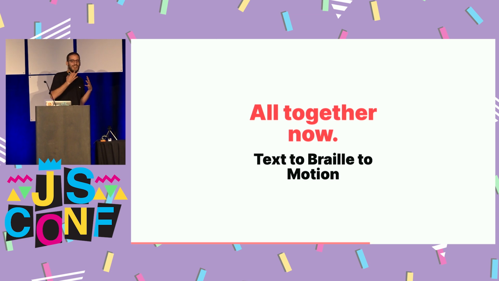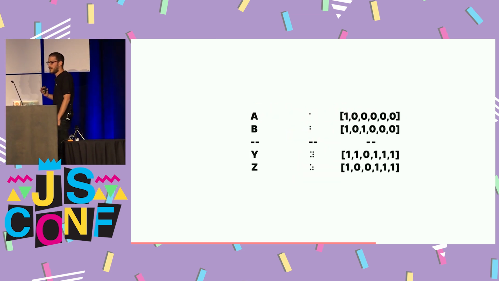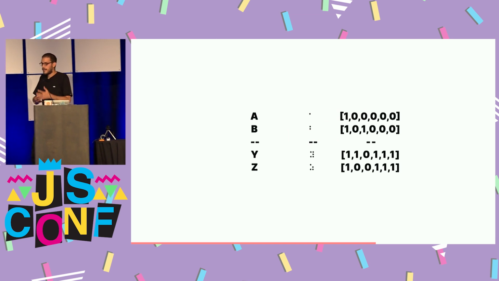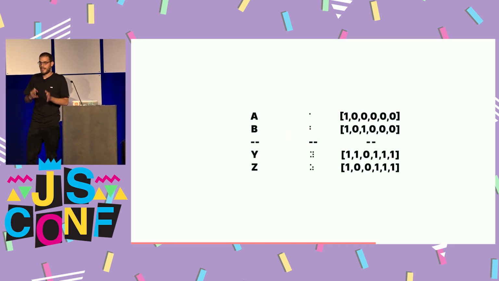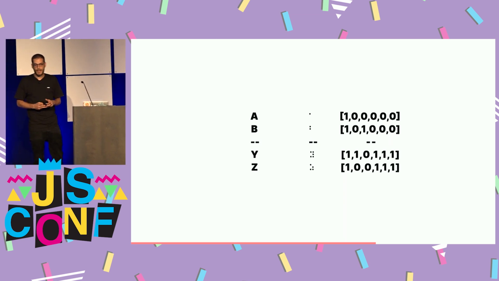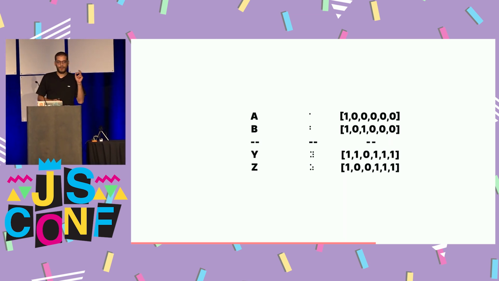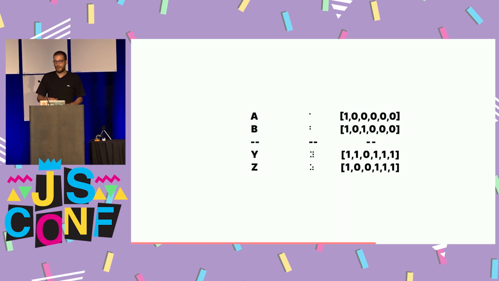And finally, we can bring everything together. So first things first, we have to think how we can actually encode text to braille. So taking up the alphabet, numbers, and symbols, as you can see, we're going to allocate an array of 6 positions. So zeros stand for idle pins, and ones stand for raised pins.